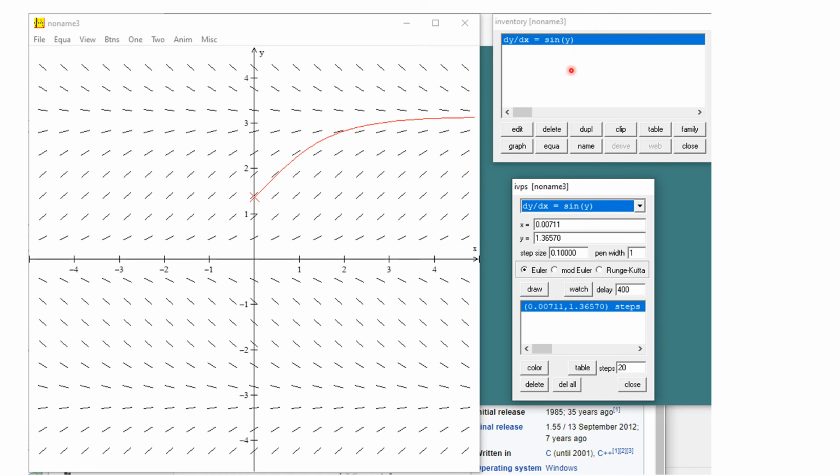Here, I was doing something different. I was supposed to be solving an initial value problem where dy/dx = sin(y). Again, notice that this depends only on y, and I was supposed to solve this for y(0) = 1.5. Now, I was lazy and did not type that in.